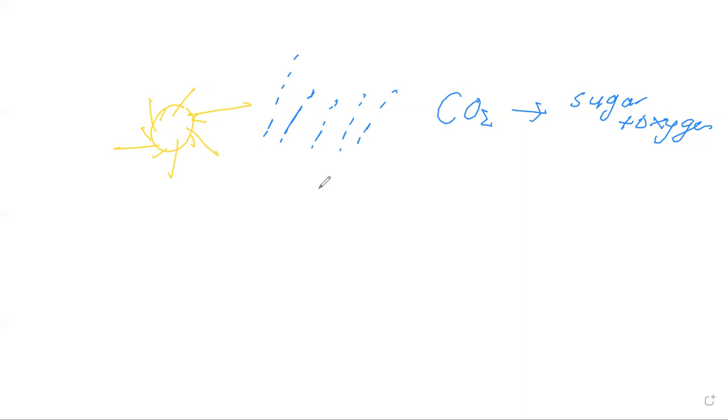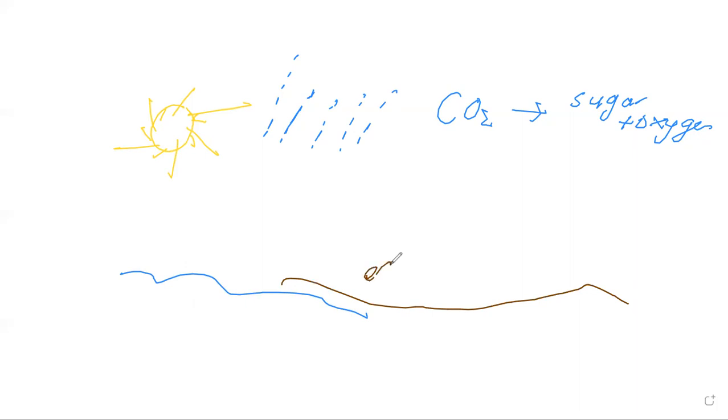For example, the solar energy, the energy coming from the sun. Imagine this, I will make it with a brown color so that you remember. This is the Earth surface.